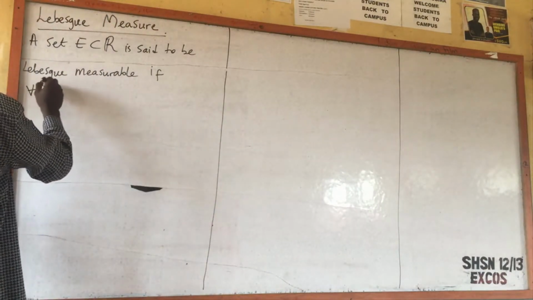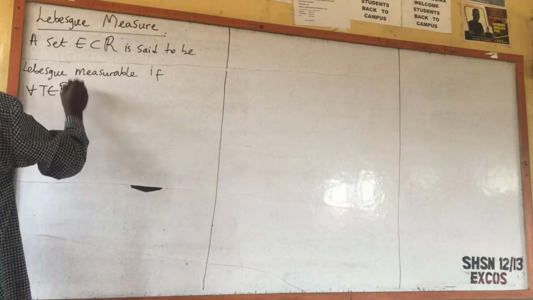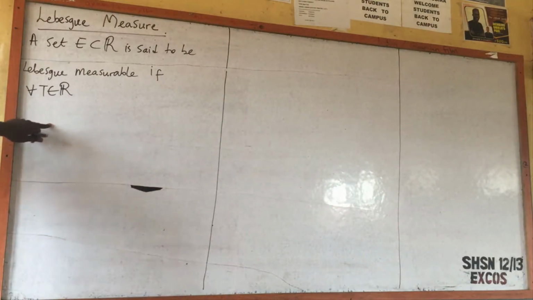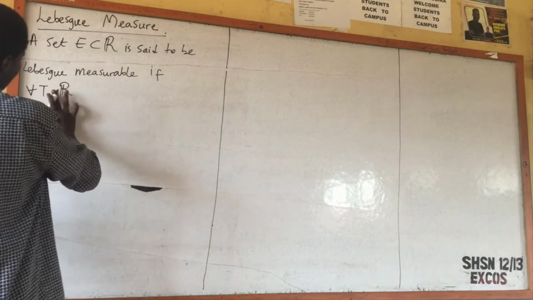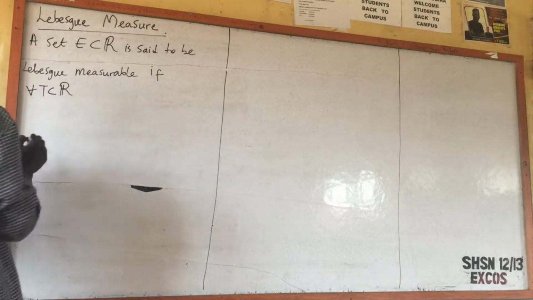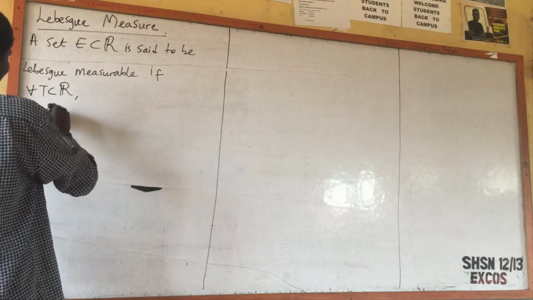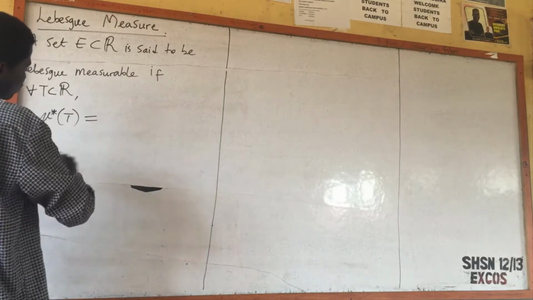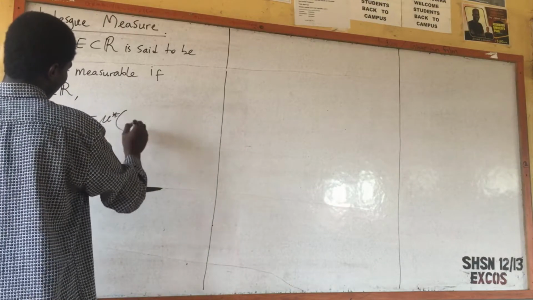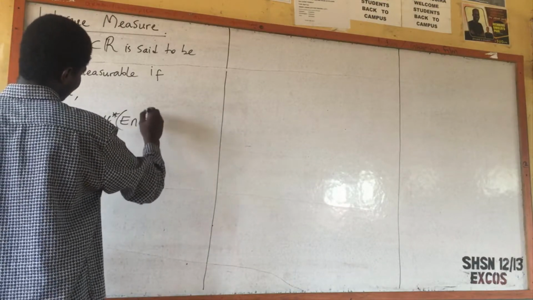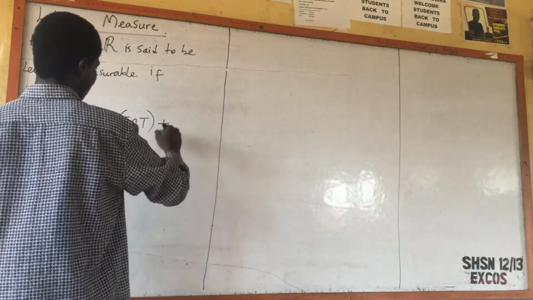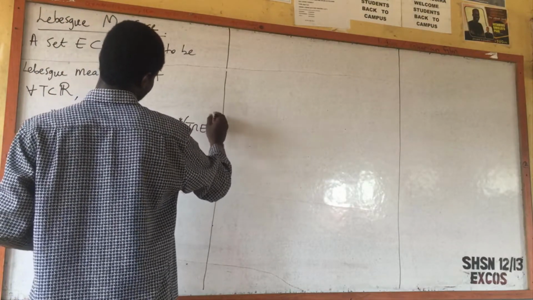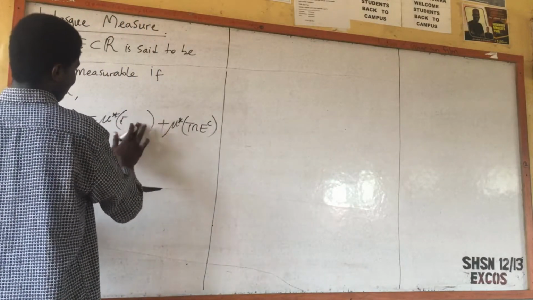for any test set T you take in R, any subset of R, the outer measure of T is equal to the outer measure of T intersection E plus the outer measure of T intersection E complement.